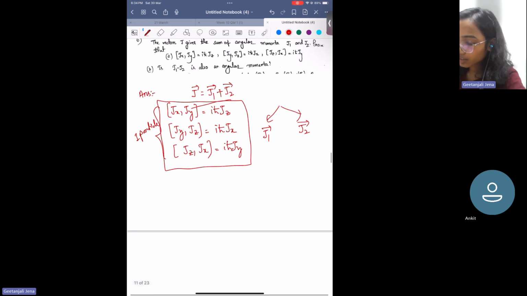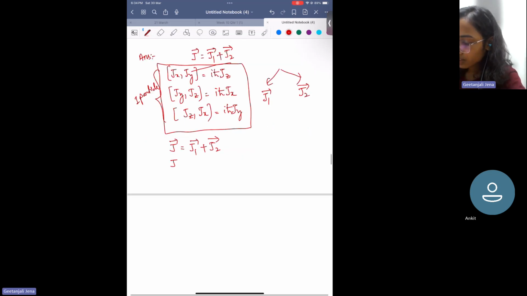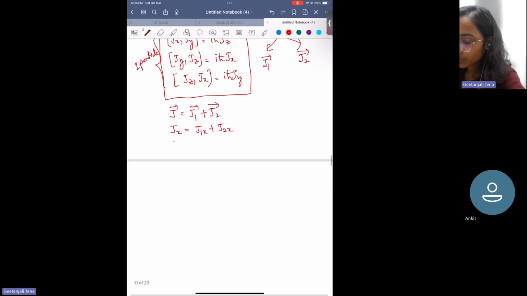Let us prove that. Given J is J1 plus J2, that means Jx would be J1x plus J2x. You can separate out the individual components of the angular momentum. Jy would be J1y plus J2y and Jz would be J1z plus J2z.